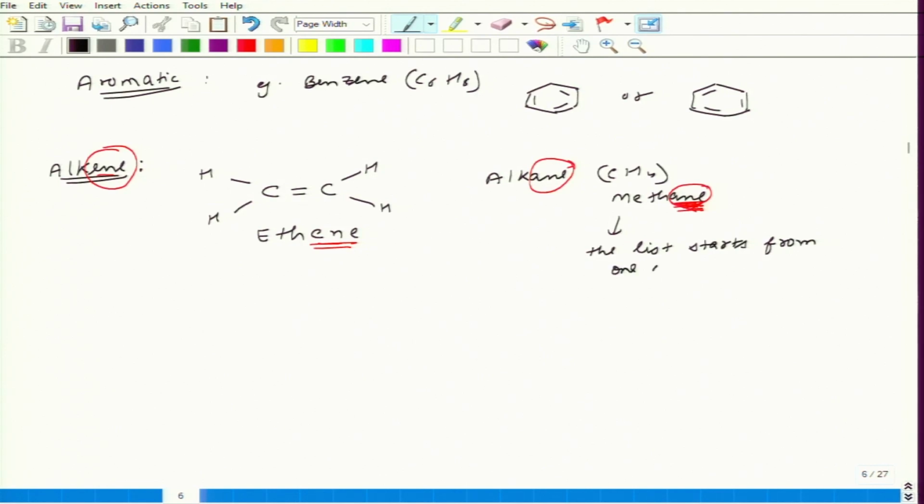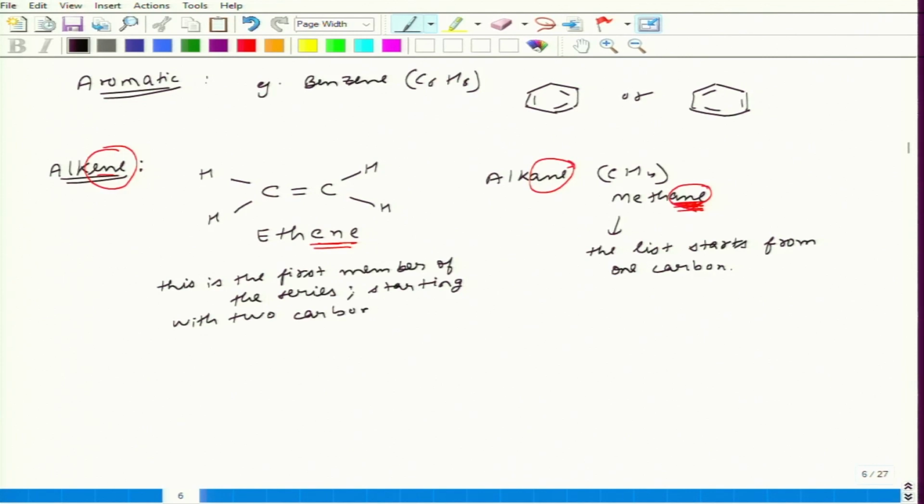The list starts from one carbon in alkane, this is the first member of the series, while alkene starts with 2 carbons. Why can there not be a one carbon alkene as there was in an alkane?